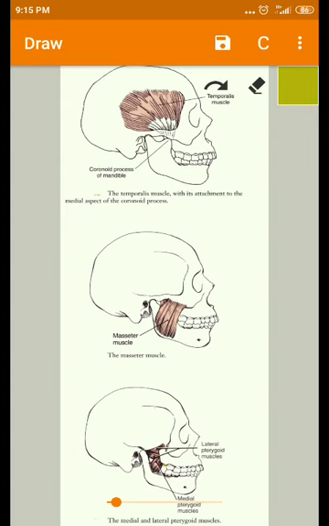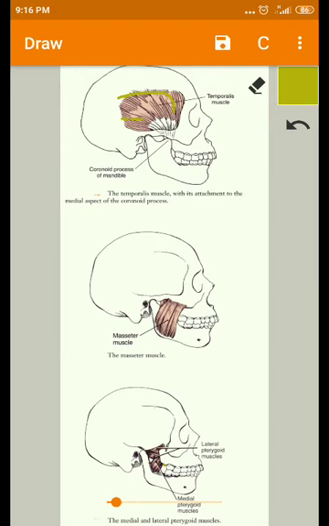Now we are going to see them one by one. The first one is the temporalis muscle. This temporalis muscle is a flat, fan-shaped muscle which is wide on the proximal part and narrow at the inferior part.